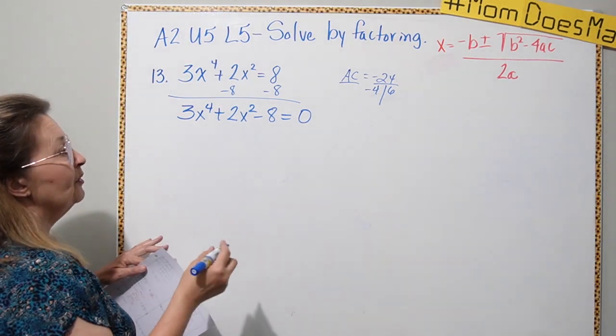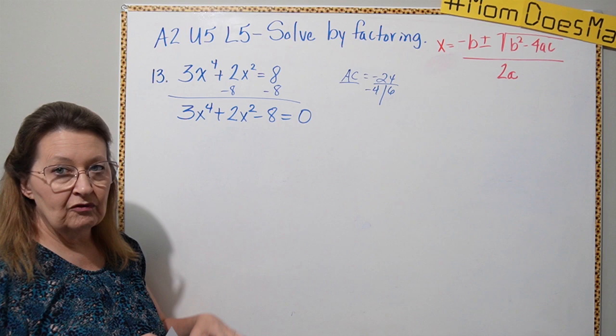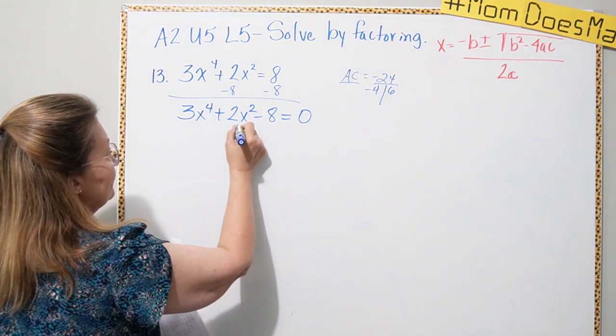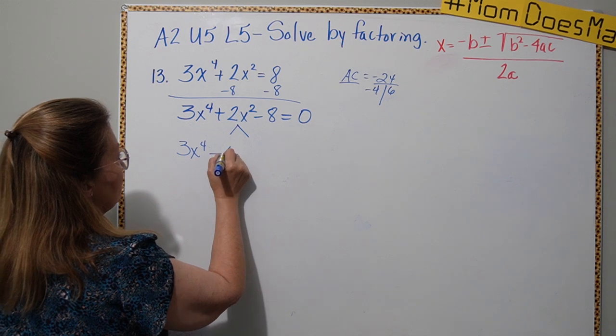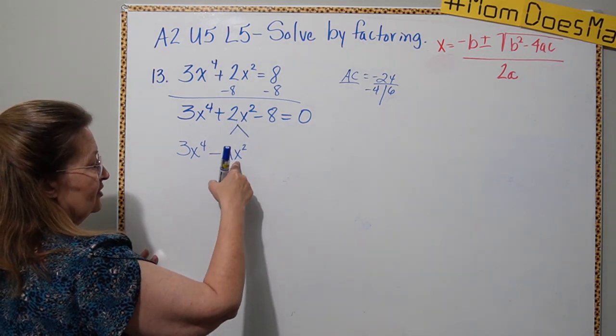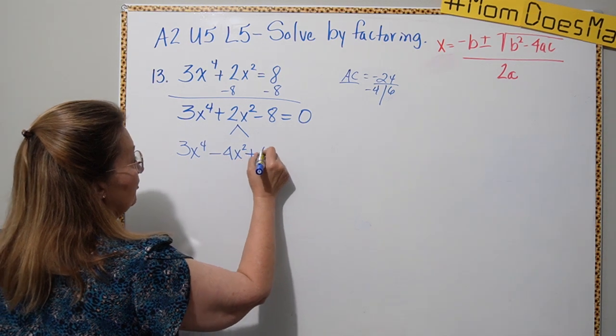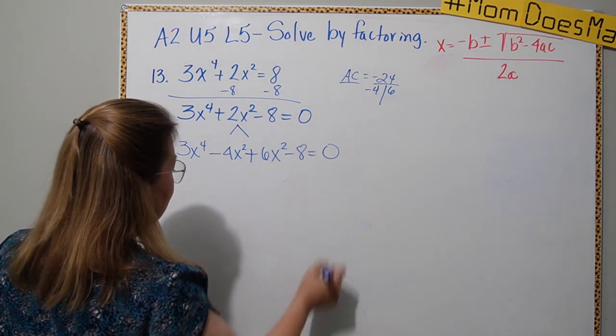Okay? Now remember, with the AC method, what you do on your next step is you split the middle. So we're going to split this, and now we're going to write 3x to the 4th, minus 4x squared. Whatever this is, that's what your split needs. And then plus 6x squared minus 8 is 0.